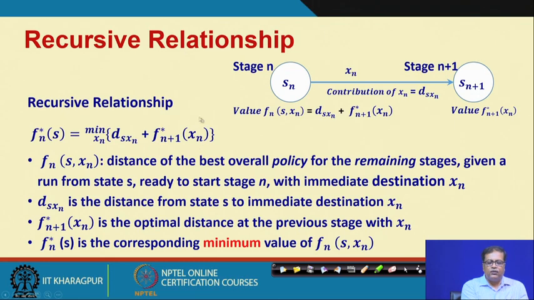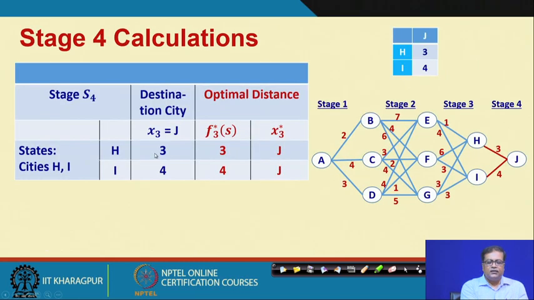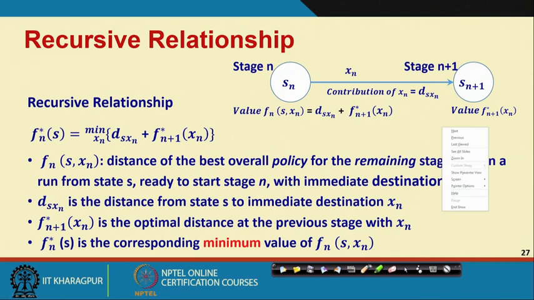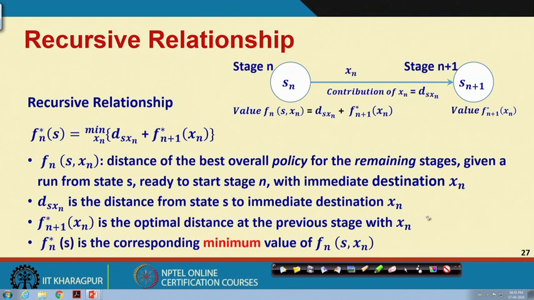So this is our optimal decision at the next higher stage, and the distance from the current city. Let's draw that once again. Here is E, F, G, and here is H and I. So there are paths from all these cities.